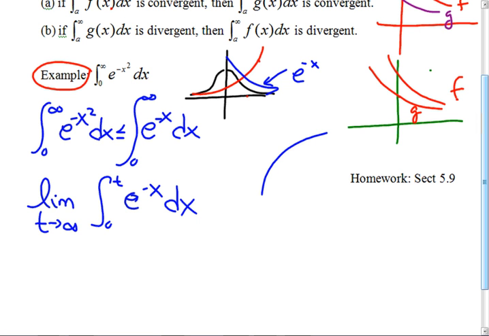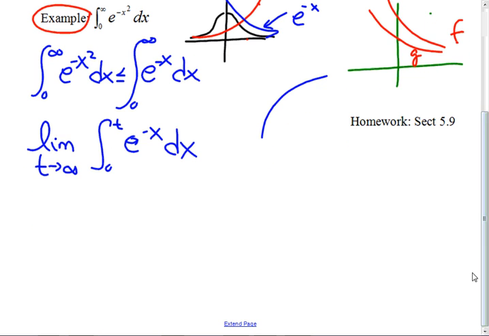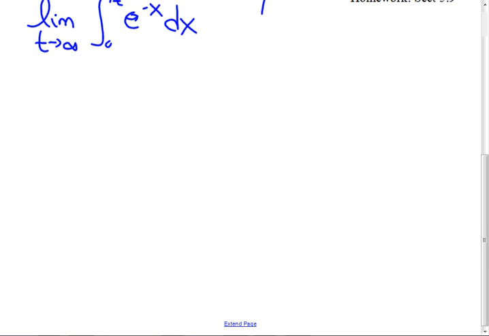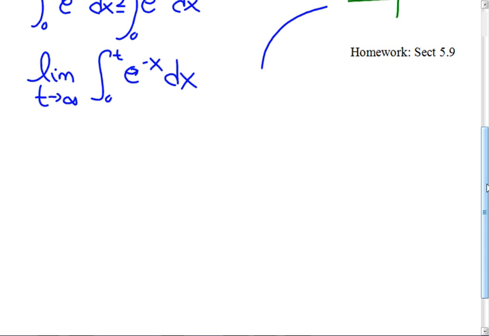Now, can you integrate that without a u substitution? If not, we'll do it. Ori, can you tell me what the integral of e to the minus x is? Almost. How do you know if something's an antiderivative? Take the derivative.